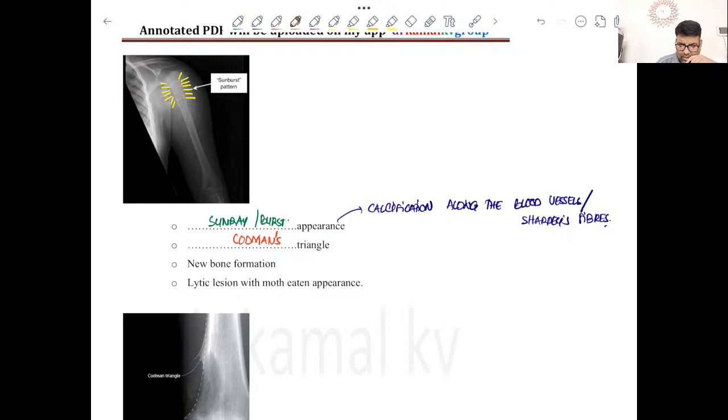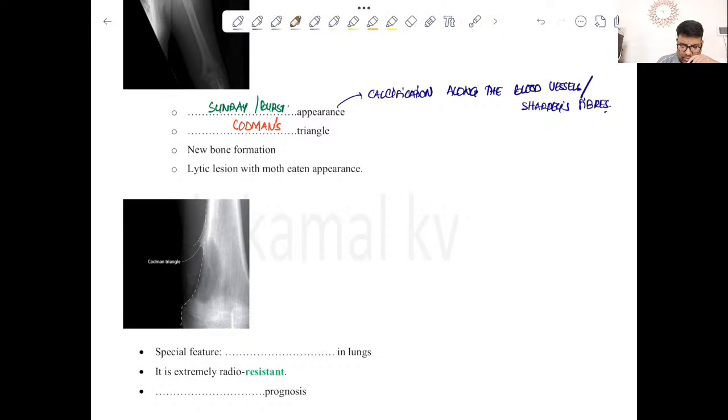Then Codman's triangle: you can see here there is lifting of the periosteum, and as a result there is formation of a triangular area, and this triangle is known as the Codman's triangle. But please be noted that this is non-specific.